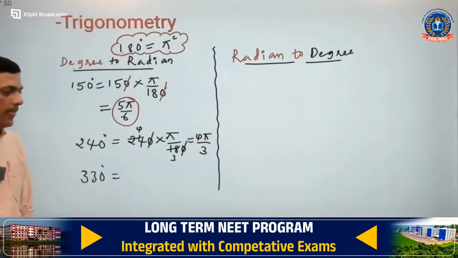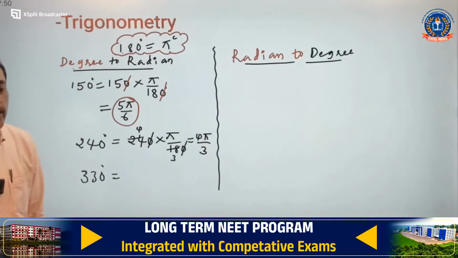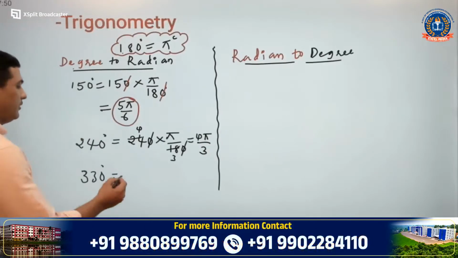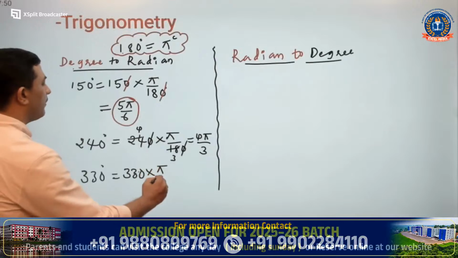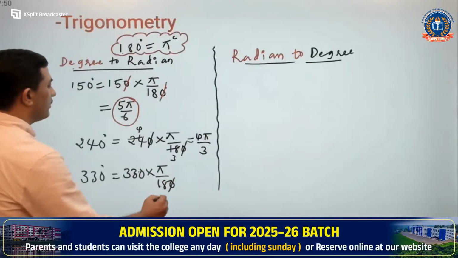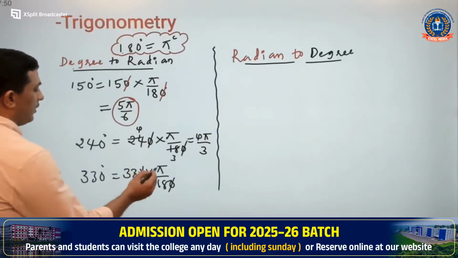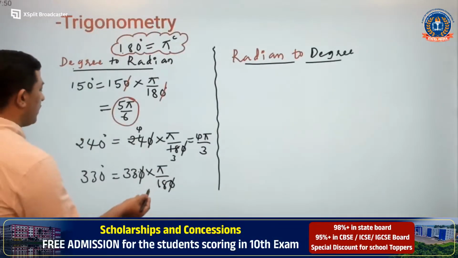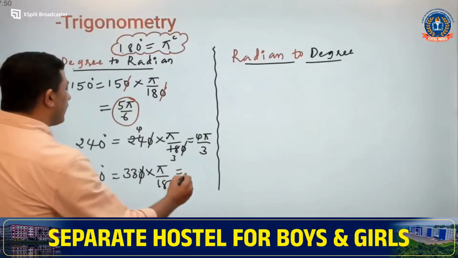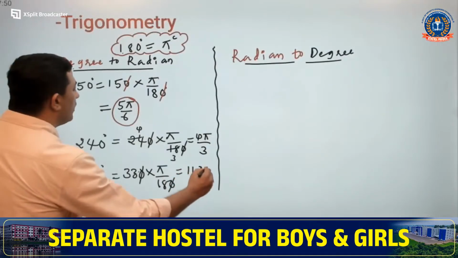Very good. 4 pi by 3 ಬರುತ್ತೆ ಆನ್ಸರ್. And the second one, it is just a simple case, that's why I am writing. Pi by 180, 30 cancel. ಯಾವುದೇ ಟರ್ಮ್ಸ್ ಇಲ್ಲ particularly, just by the values cancellation ಮಾಡಿ 11 pi by 6.